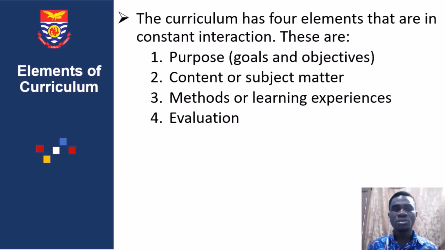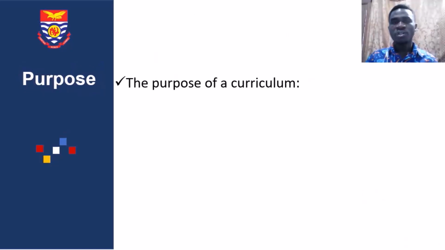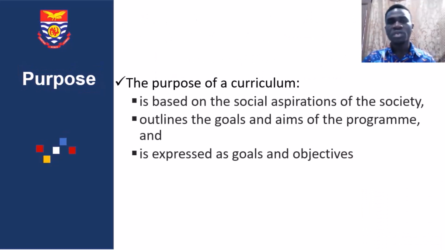Now let's take a look at each of the elements of a curriculum. With purpose, the purpose of a curriculum is based on the social aspirations of the society. Every society has what they cherish, and so in designing or developing a curriculum, this must be taken into consideration.